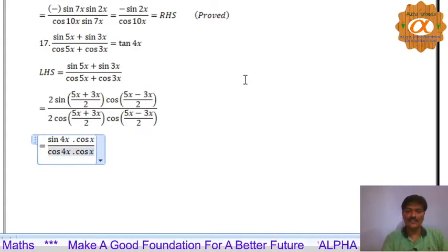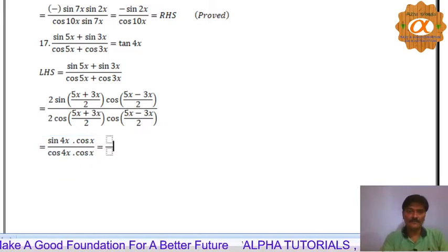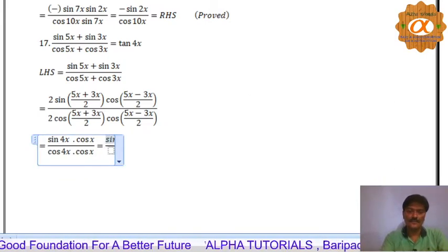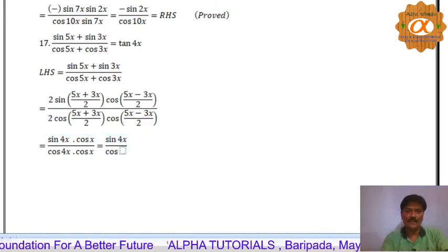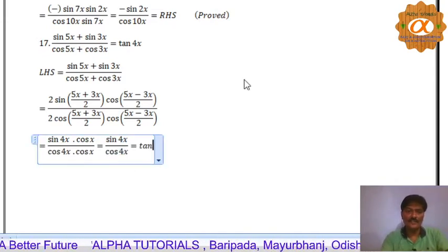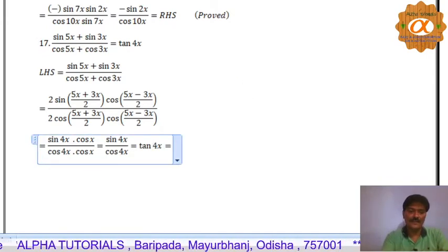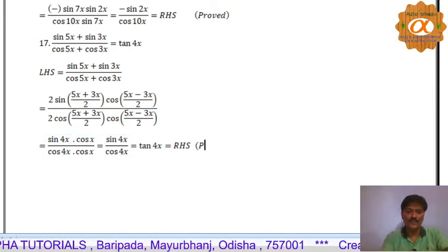Now cos x and cos x cancel out, and we get sin 4x by cos 4x, and then we know that it is tan 4x, and that is our RHS part, and we have proved it.